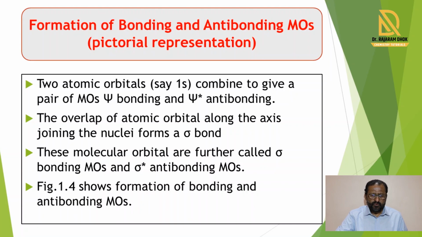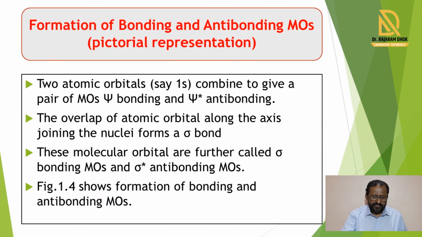Now the overlapping of atomic orbitals along the axis joining the nuclei forms a sigma bond. These molecular orbitals are also called sigma bonding molecular orbitals, and the other antibonding molecular orbital is the sigma star antibonding molecular orbital.